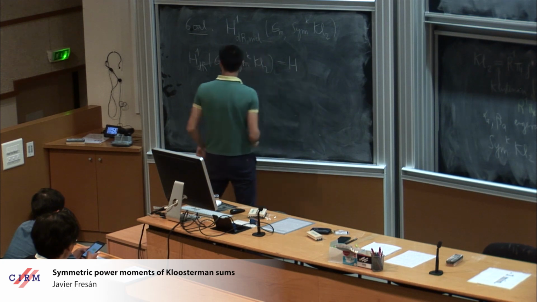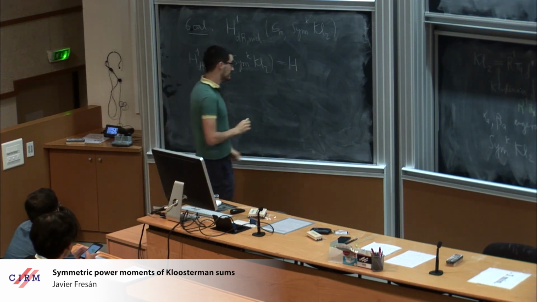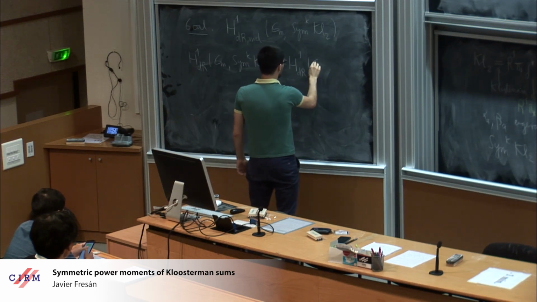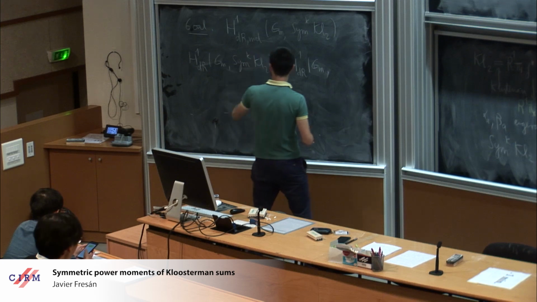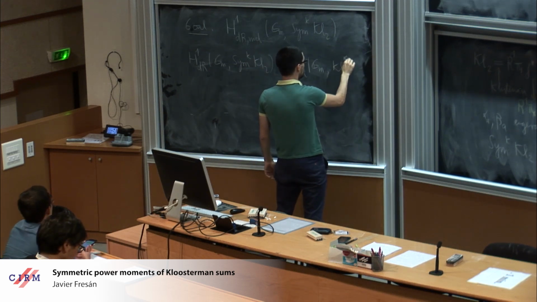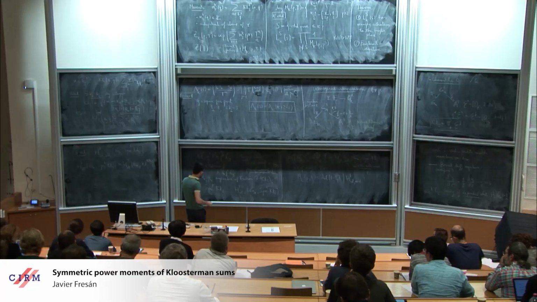So the first step is to look at symmetric powers inside tensor powers. So instead of Sym^k KL2, you can consider KL2 tensor k, and then you consider the action of the symmetric group.